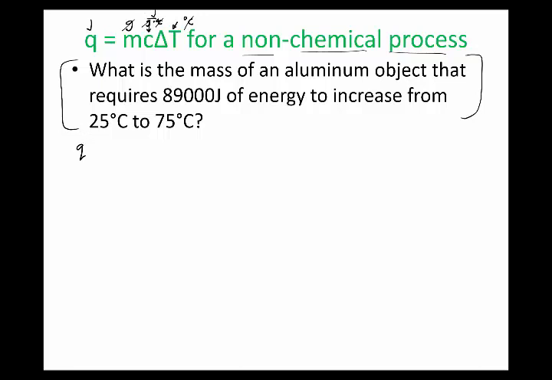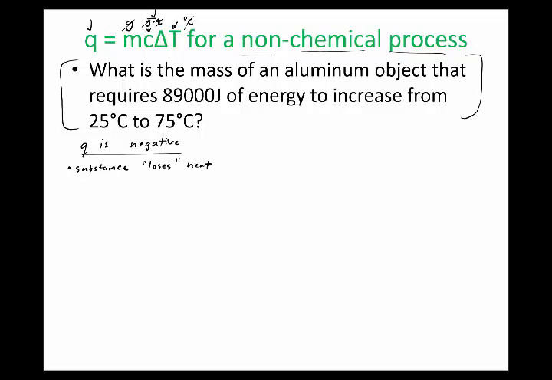A couple things about Q, because it's important to get the correct sign for Q. Q is negative when the substance "loses" heat energy, and I'm putting "loses" in quotes because, as we know from the first law, heat is never lost or destroyed.